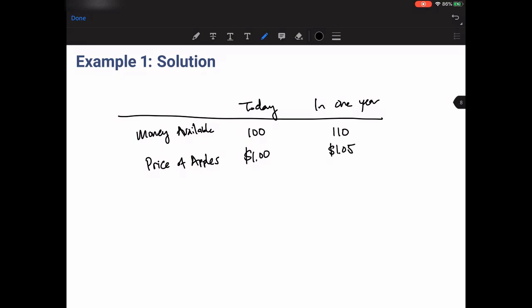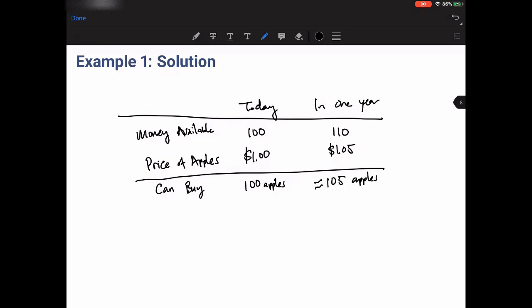So that's a 5% increase in price levels, assuming that apples are the only good being consumed and traded in this economy. So our purchasing power, I'm going to write can buy, today would be 100 apples. But if I waited a year, my purchasing power would be 105 apples roughly, right?